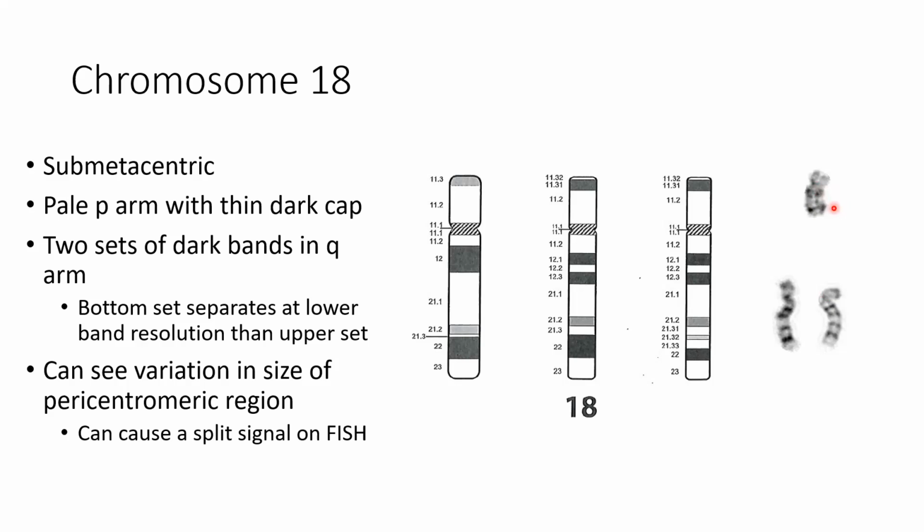Sometimes it will look like 3 on the shorter chromosomes, but certainly on the routine or high res ones we use for our blood studies, we should be seeing at least 4 dark bands. You can think of this as a set of 2, followed by a lightly stained area, followed by a set of 2 dark bands, and then the lighter telomere.